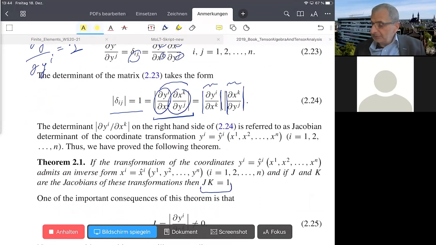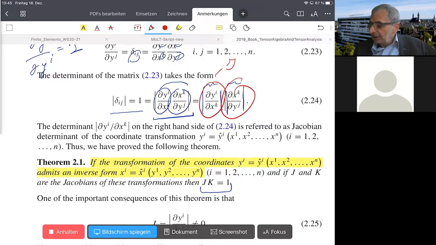If the transformation of coordinates admits an inverse form, that is, initially we have y as a function of x, and we can get the inverse form of this transformation, x as a function of y, then J and K are Jacobians. This is our J and this is our K, right?